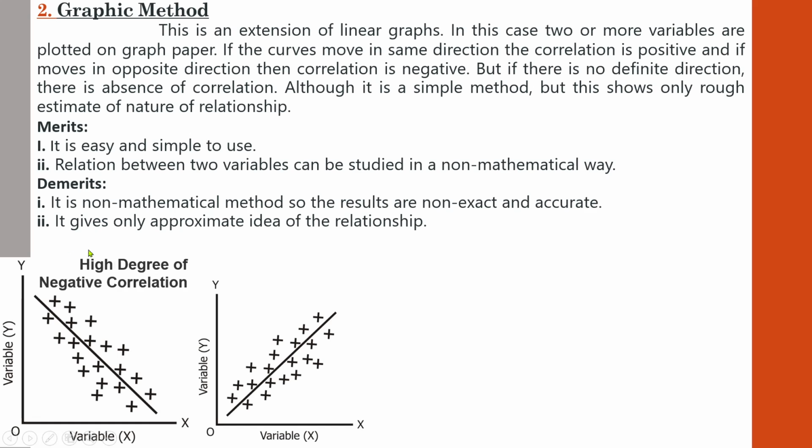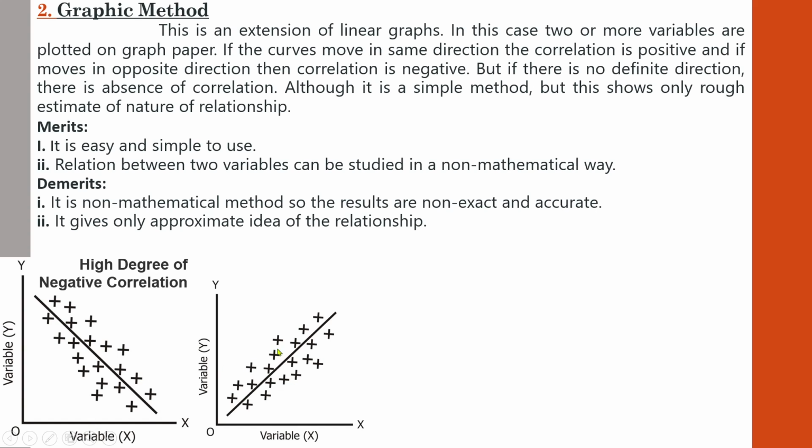High degree of negative correlation means that if you draw a straight line in between the dots, you can see that the dots are concentrated closer to the line. If the dots are marked on the line, it is known as perfect correlation. If they are concentrated near the line, it is known as high degree of correlation. And the movement of the line is known as negative or positive. So I hope you know the meaning of negative correlation. This is a case of high degree of negative correlation.